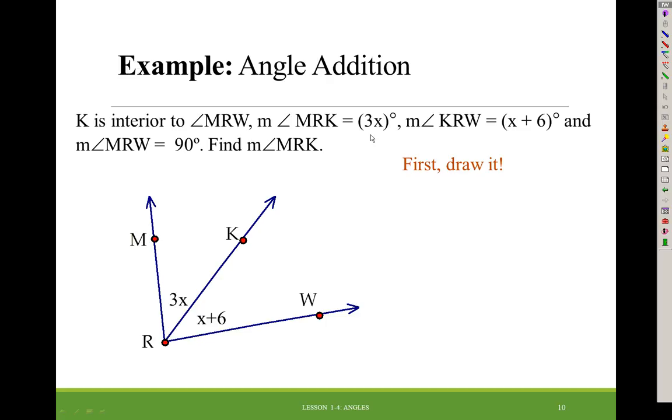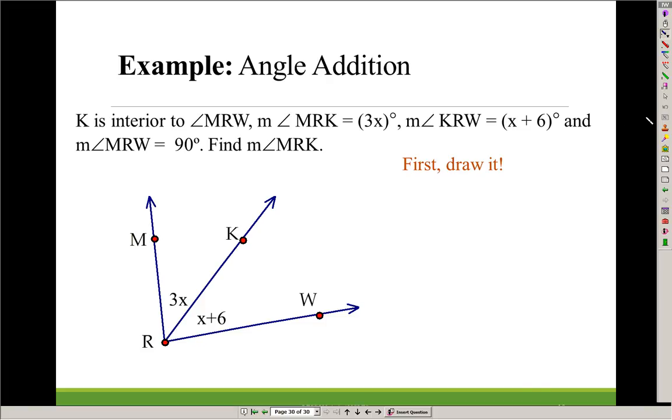Measure of angle MRK is 3x degrees. Measure of angle KRW is x plus 6 degrees. Sometimes you'll see it with parentheses around those and the degree circles. And then the measure of the whole thing, angle MRW, 90 degrees. By doing that whole arc with the 90 in it, signifies that that's the measure of the whole thing.